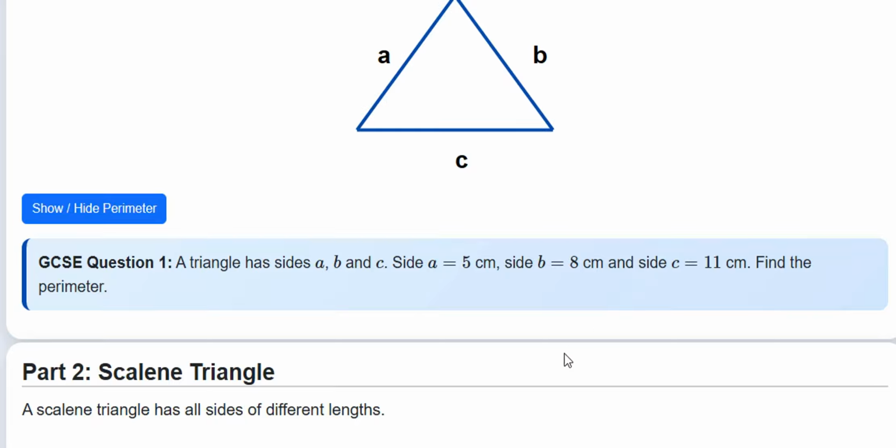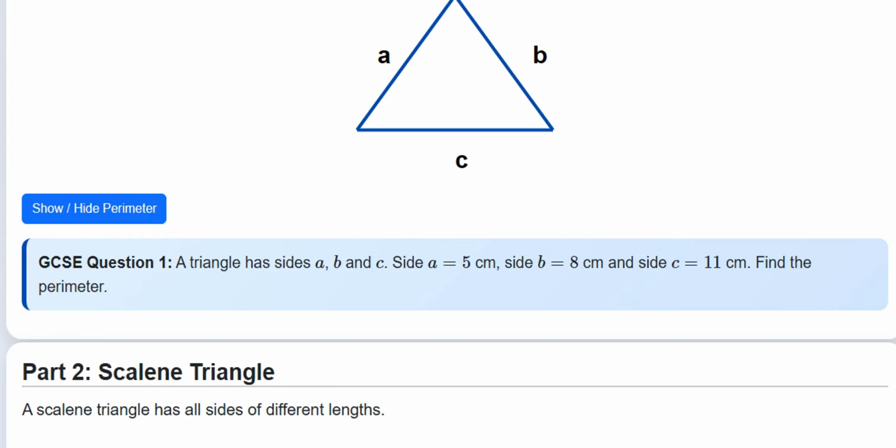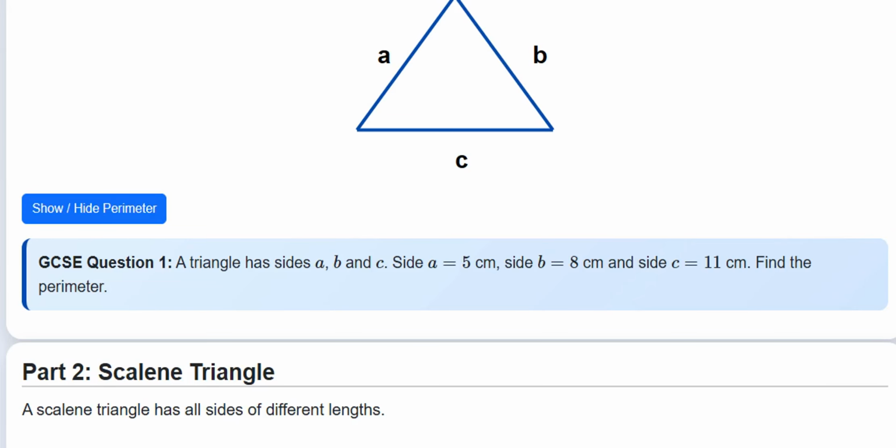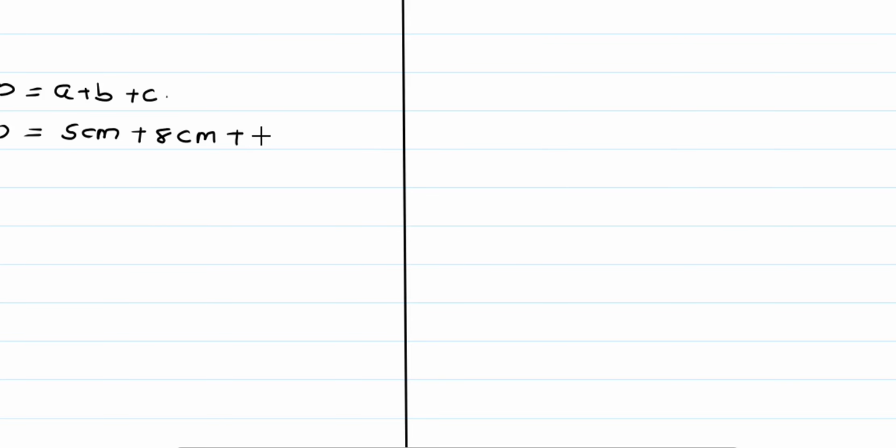But we already know our side here is 5 centimeters. So I can say now P is equal to 5 centimeters for A plus B, which is 8 centimeters, and then plus C, and C is 11 centimeters.